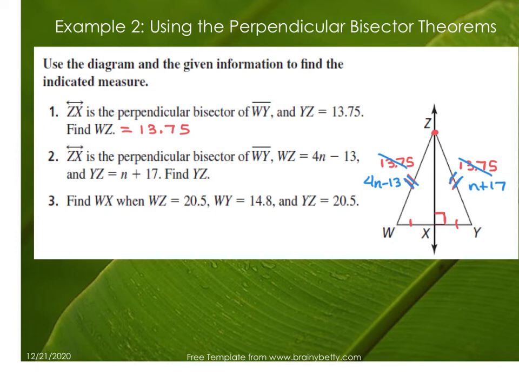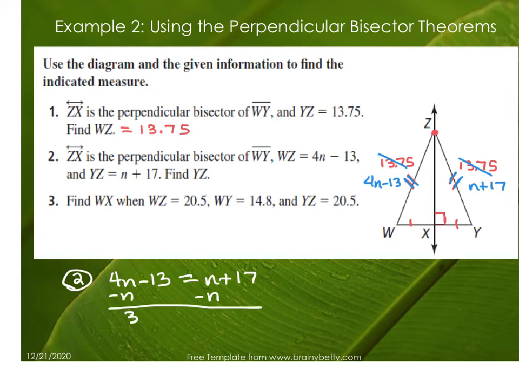Let me set up my algebraic equation. I'm going to set 4n minus 13 equal to n plus 17. Doesn't matter which one you write first. You're just setting the two segments equal to each other. I'm going to combine my variables: 3n minus 13 equals 17. I'm going to add 13.